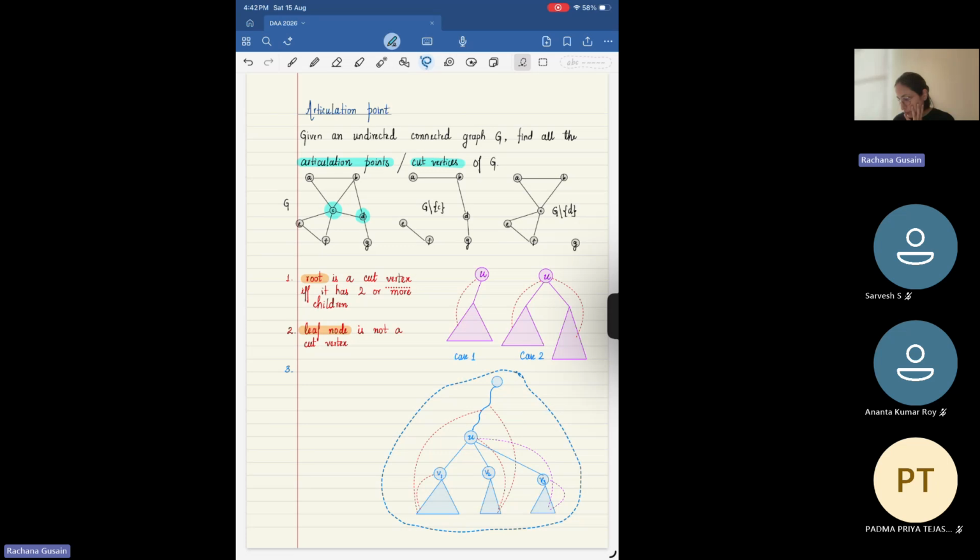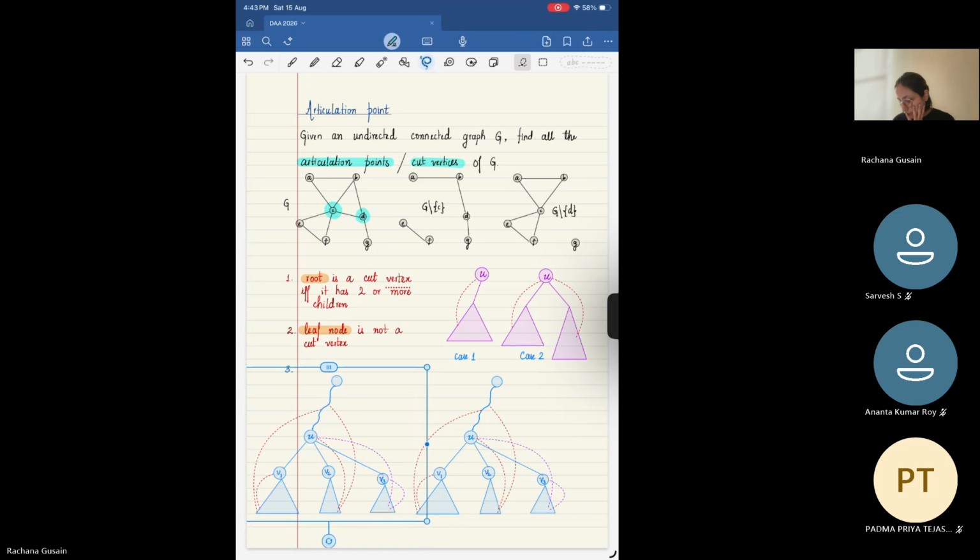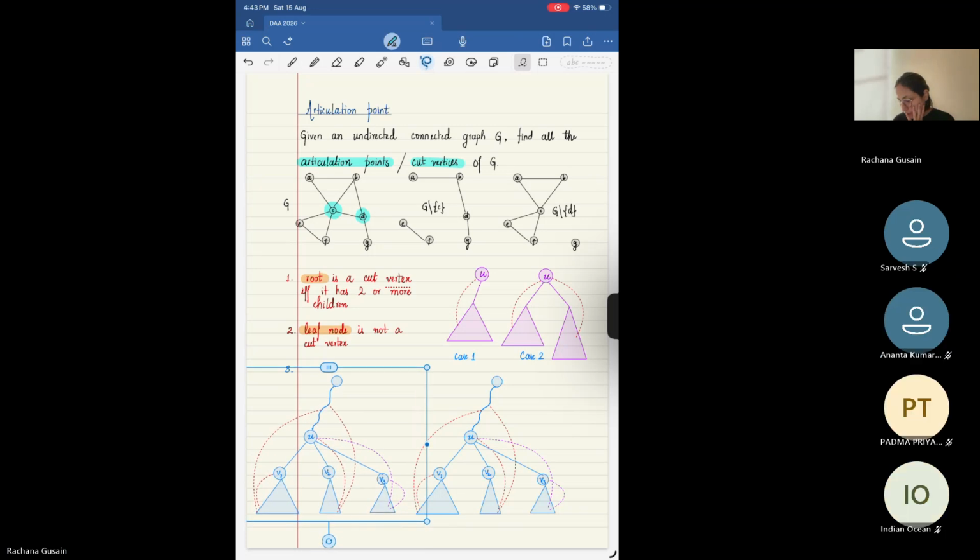In this case, if I remove U, all these edges will get deleted. The back edges ending at U get deleted. The graph clearly gets split into two components. This is a separate component now.